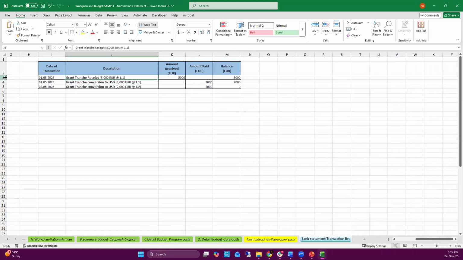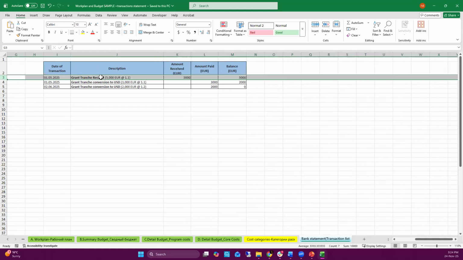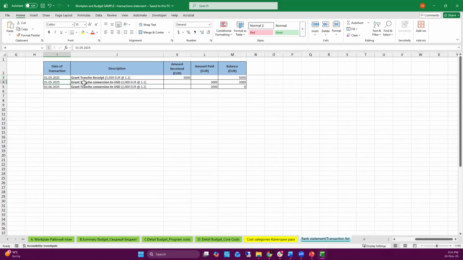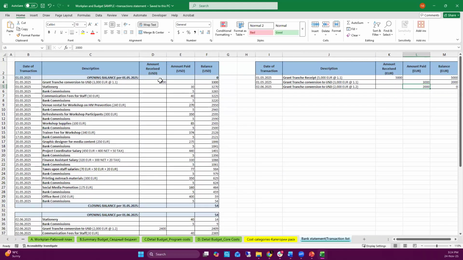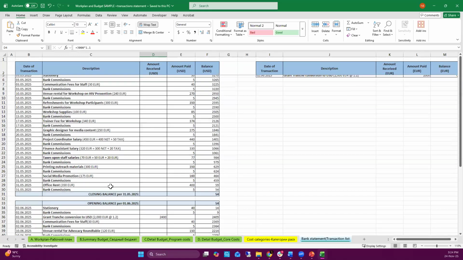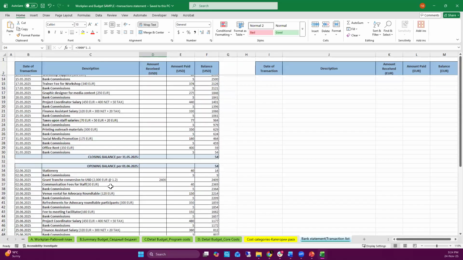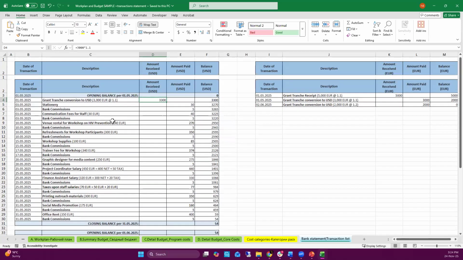And here we will see the reception of the tranche. Then at some dates you made a conversion in 2 parts. On this side, we will have a bank statement of each and every cost that was incurred during the project. And based on these bank statements, we now need to make our financial report.